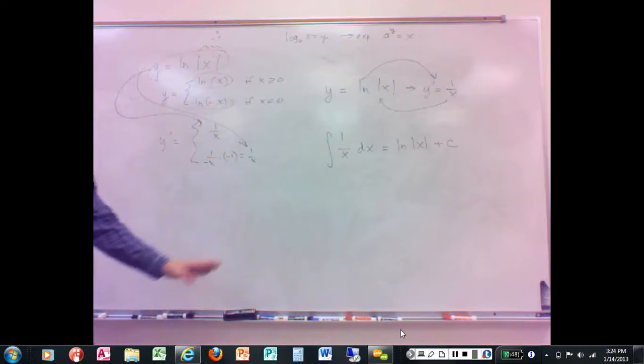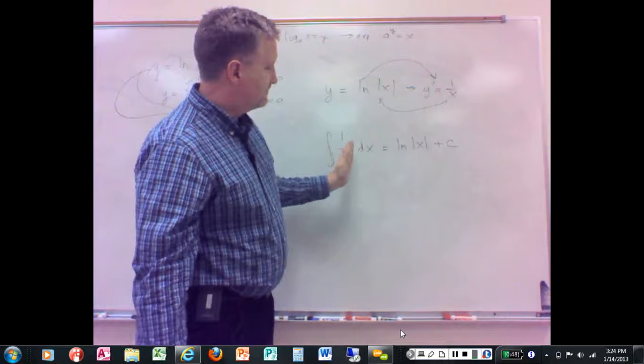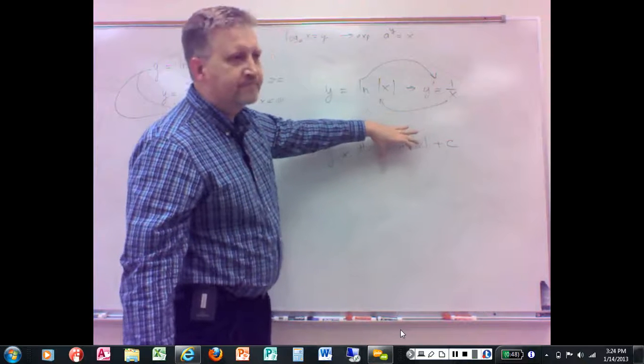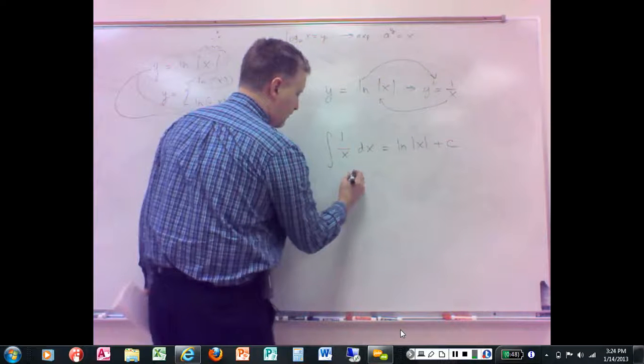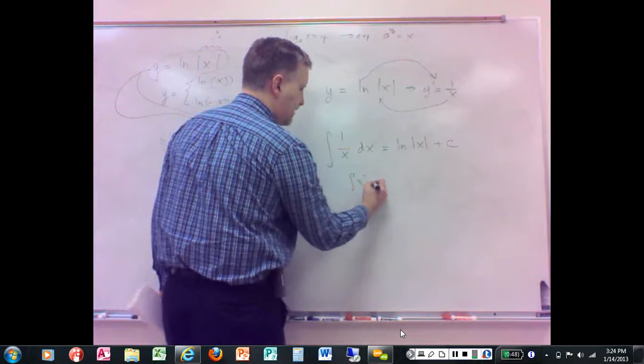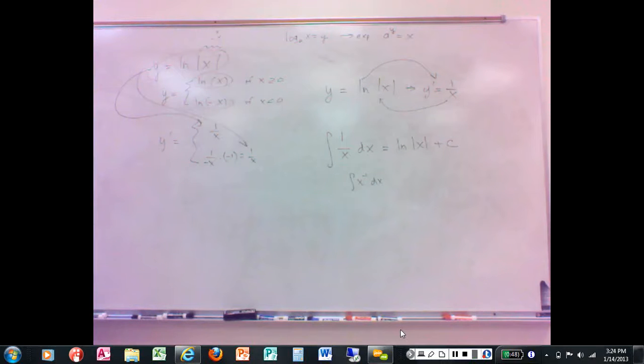So it works basically the same except for the absolute values. This, like I said, fills in a gap because this is x to the negative 1 power. And remember when we were doing the power rule for antiderivatives, that was the one we couldn't do.